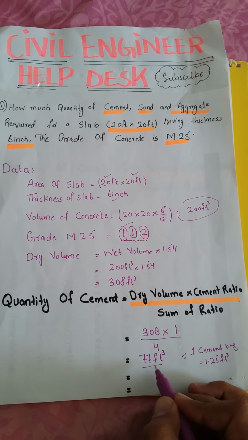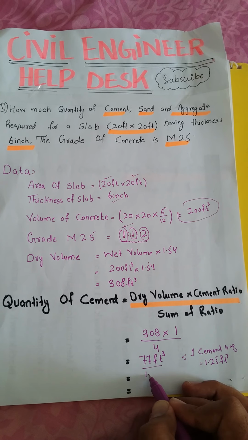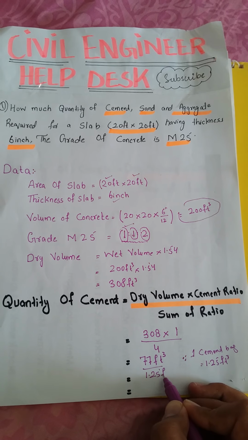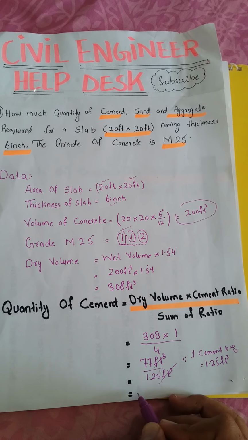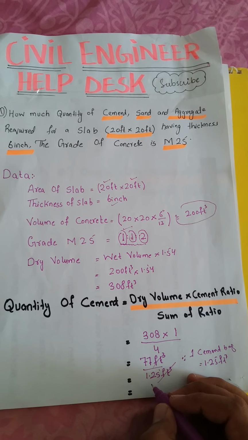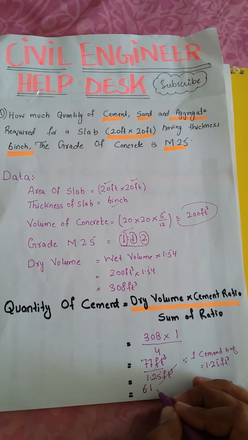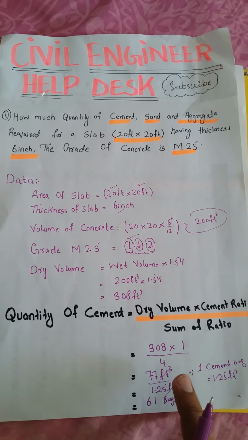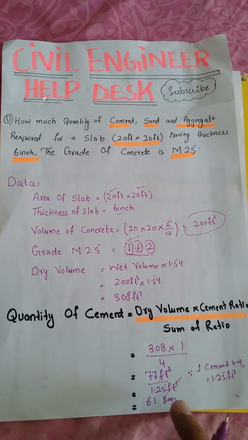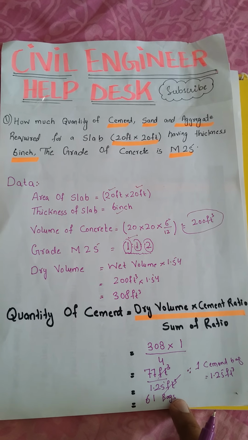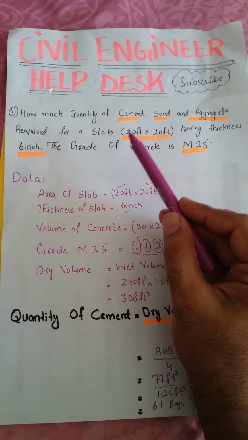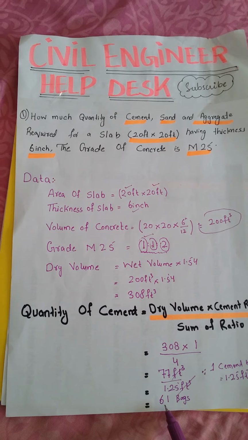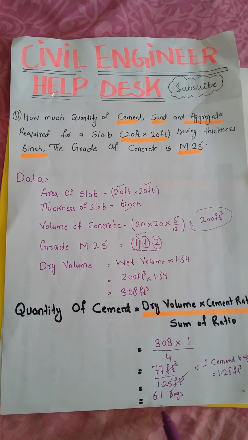So we divide 77 cubic feet by the volume of one cement bag. Then we get the number of bags and it will come 61 bags. You can check by your own calculation: 77 divided by 1.25 comes to 61 bags. So for the 20 feet by 20 feet slab the number of cement bags required is 61 bags.